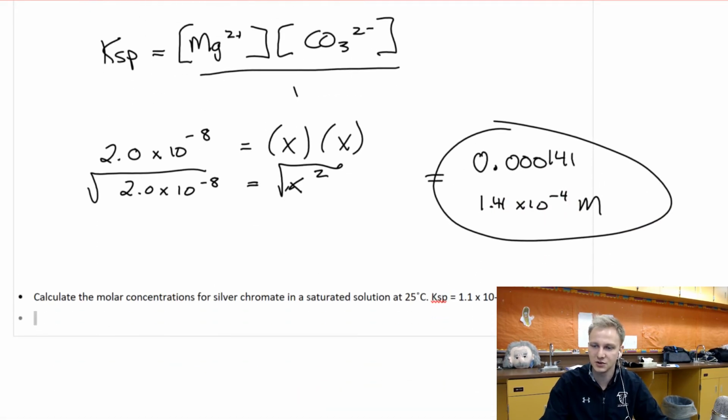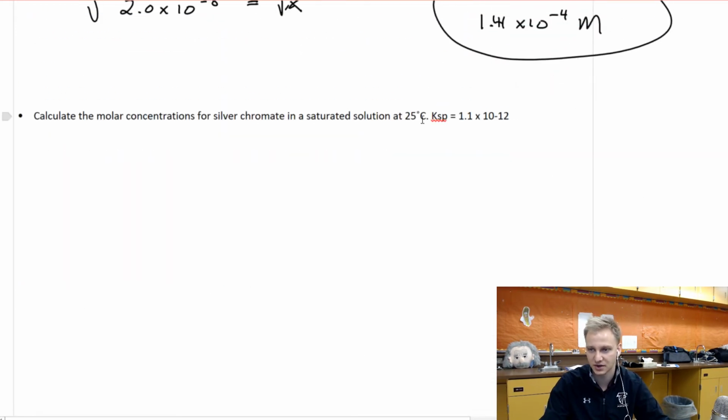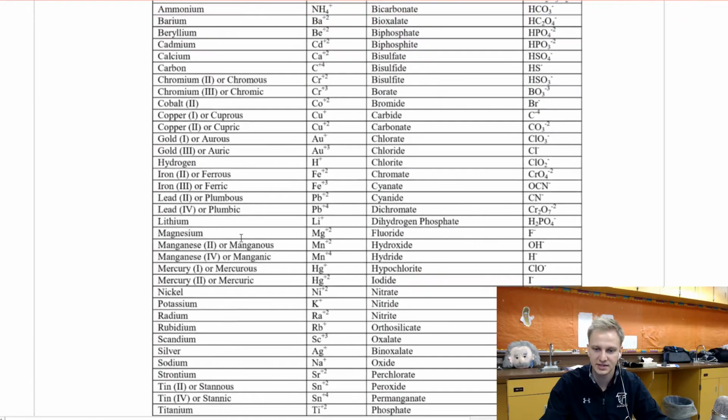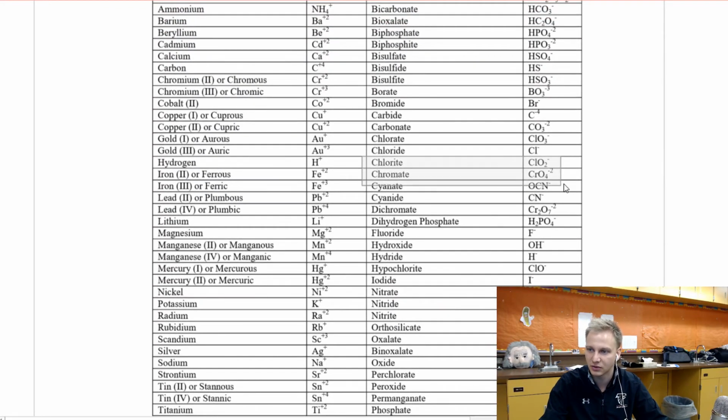When we get into a question like this, calculate the molar concentrations for silver chromate in a saturated solution at 25 degrees Celsius, we would need to go to our data table and look up silver chromate. Silver is all the way down here, Ag+. Chromate is over on this left side, CrO4 2-.